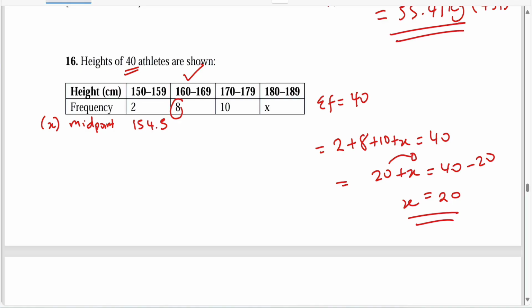And 160 plus 169 divided by 2, the midpoint is 164.5. This is 174.5, and this one 184.5. Then we search for fx. Our fx will be f times x. So 154.5 times 2 gives us 309.